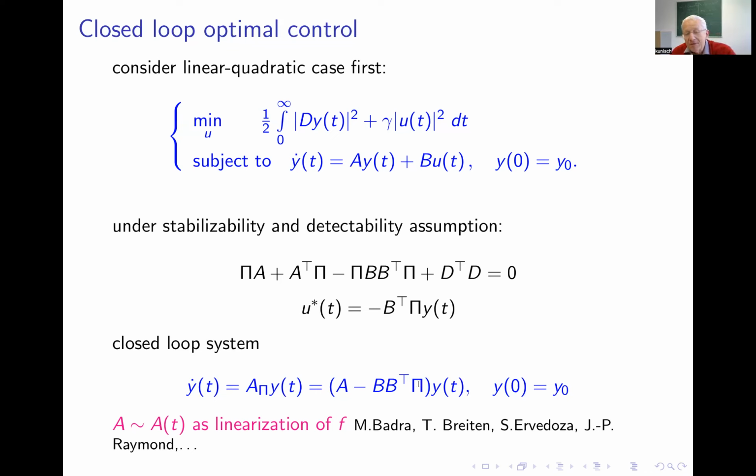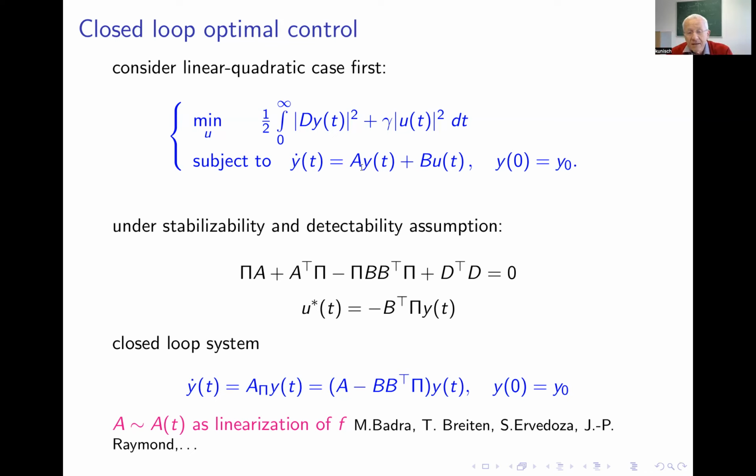A tremendous amount of work has gone into optimal code design for this Riccati equation, simply because this is really one of the main tools in engineering, in electrical engineering practice, for example. It is so useful and so powerful that even in the situation that A is nonlinear, people linearize around the steady state, around the trajectory of interest.